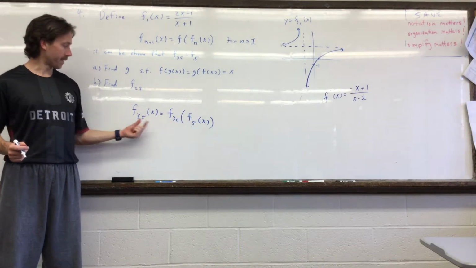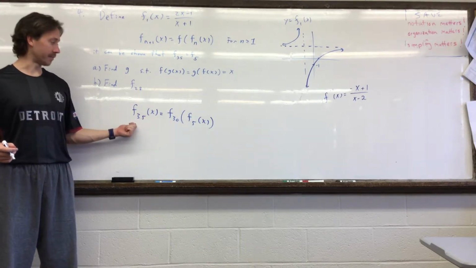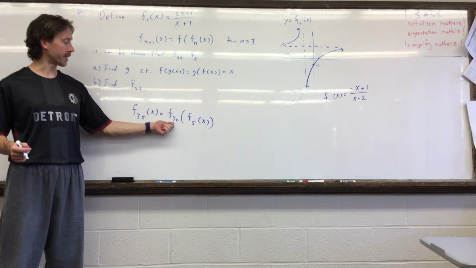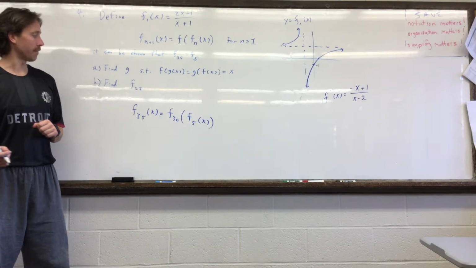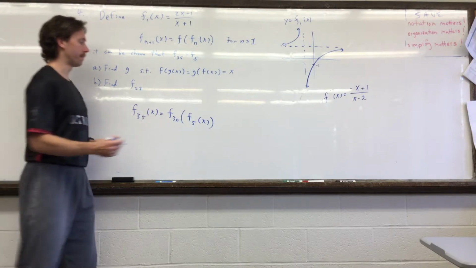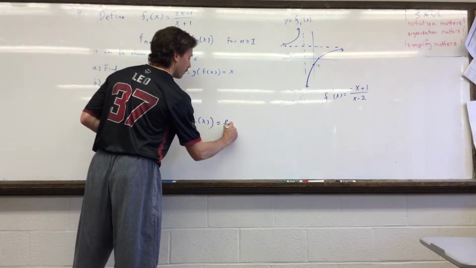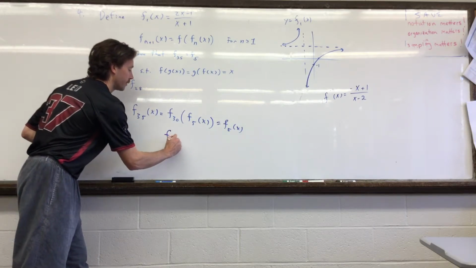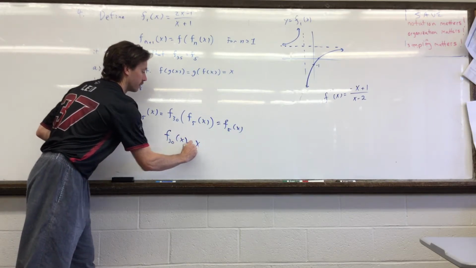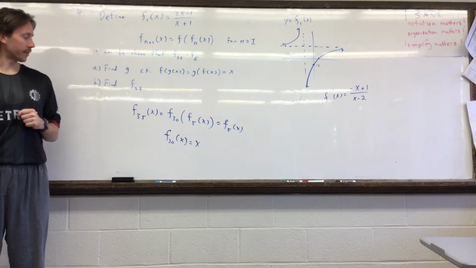I'm taking f of f of f of f of f 35 times here. Well, okay, so I'm taking f composed with itself 30 times of the first 5, right? But if this is true, this means that f30 is just the identity function.